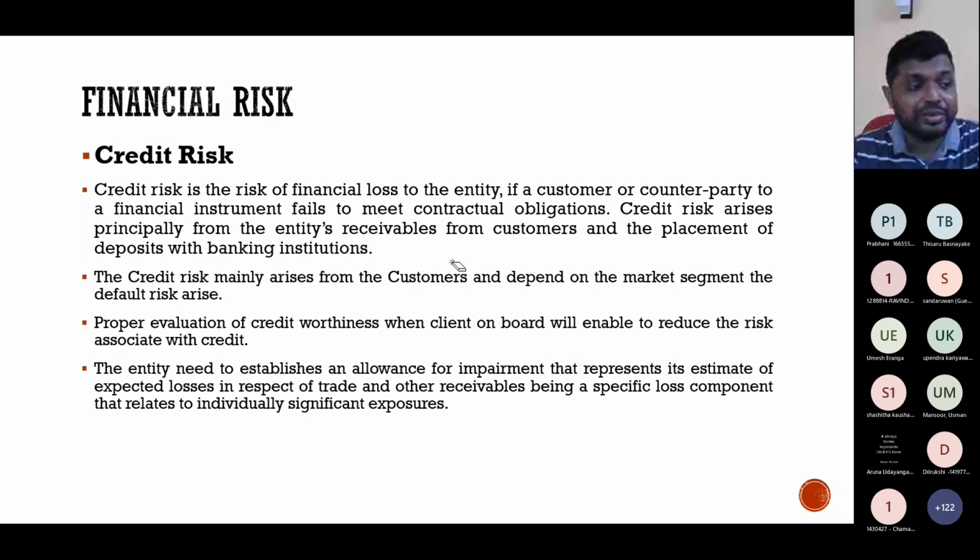Then there might be probable defaults. Then you have to see how to eliminate that situation. Sometimes you might take insurance, sometimes you might take bank guarantees, and there's a credit risk if you sell on credit.